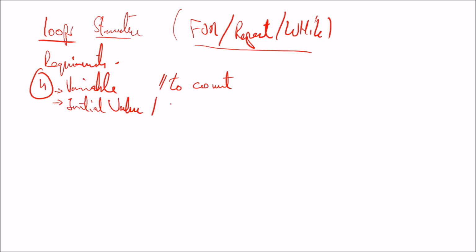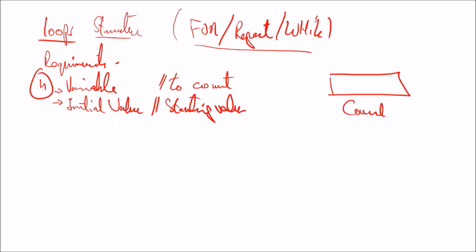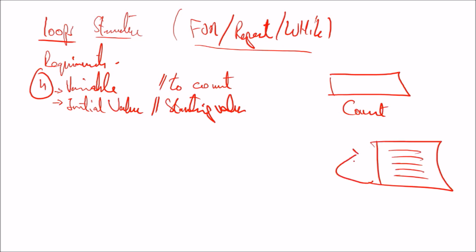Or you can say a starting value. So suppose I have a variable that is a count, and there are a few statements that need to be repeated 20 times. Now my counter will start from 1.